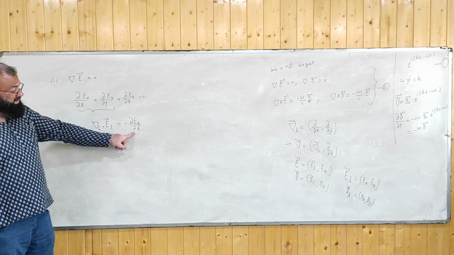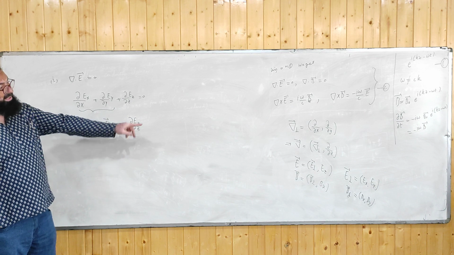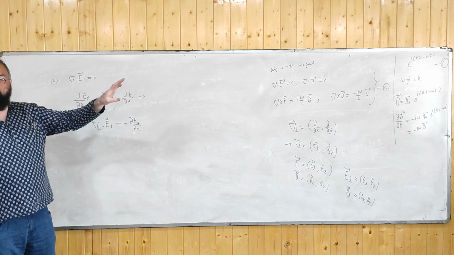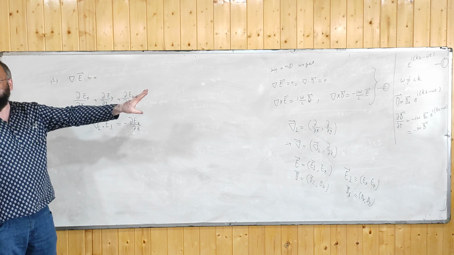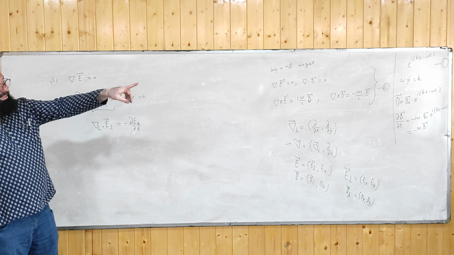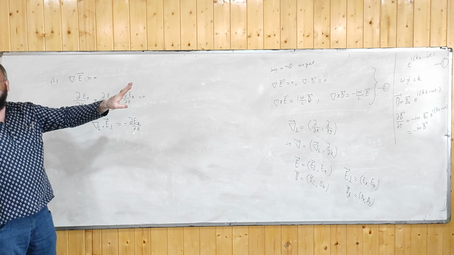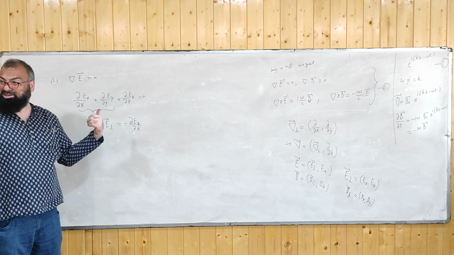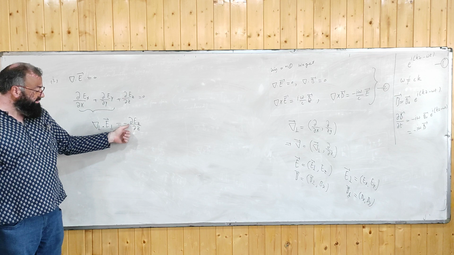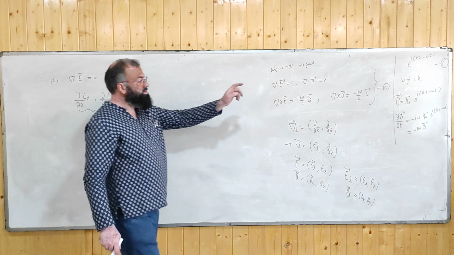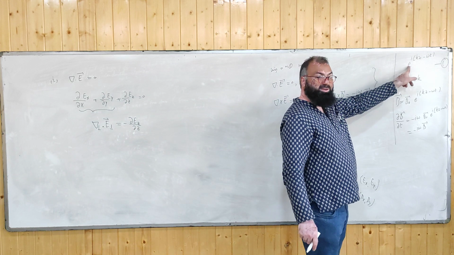Now we know the electric field has that kind of profile. So why am I separating? Because I know what the profile along the z direction is. What is the dependence along the z direction? That is exponential of i times kz minus omega t. That is why I can remove this derivative along the z direction. So now tell me what is the differentiation of this Ez with respect to z? You need to differentiate this exponential with respect to z.